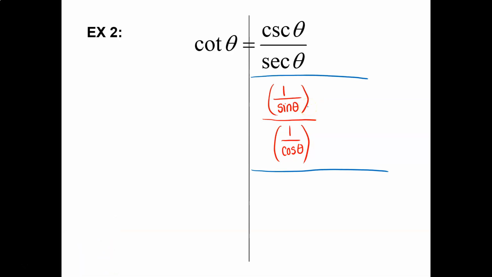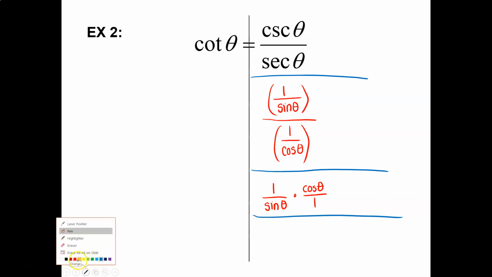So, dividing fractions, what do we know about it? Easy as pie. Flip the second and multiply, so I could write this as 1 over sine theta times cosine theta over 1. If I multiply those together, I just multiply straight across for fractions.